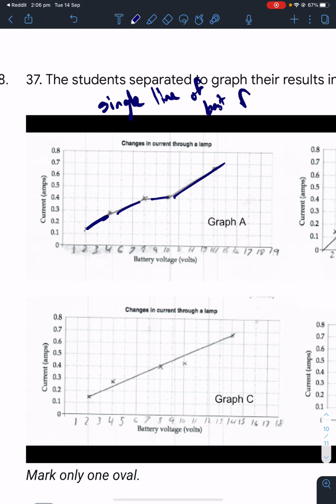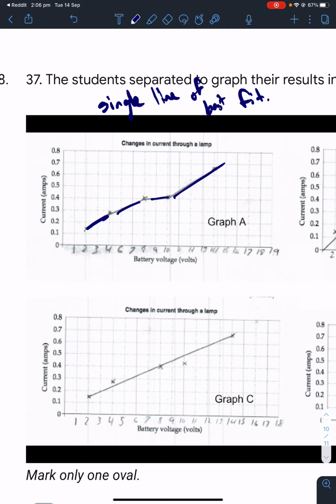Okay, now adding to that, it can be a curved line. It needs to be a smooth curved line though. It can be a straight line with a ruler, and here we have a straight line relationship. On other occasions you'll notice a curvy trend, but you definitely do not do a dot-to-dot pattern. Okay, I had a lot of people do that in the past.